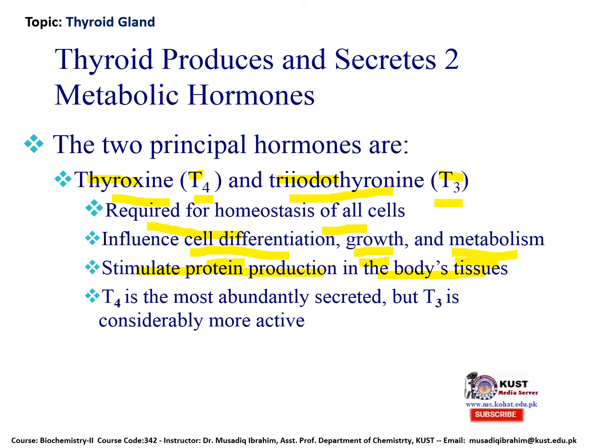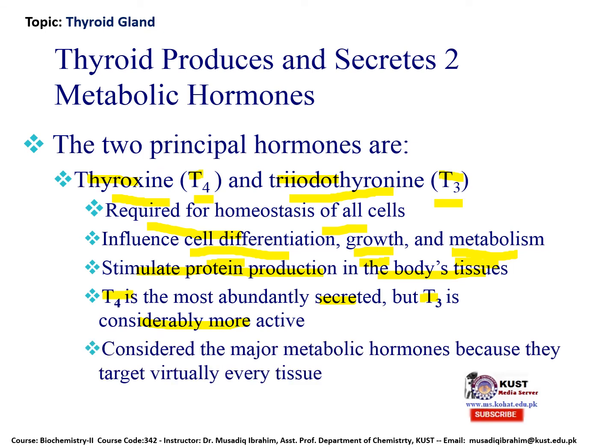And T4 or thyroxine is secreted in large amounts, but T3 or triiodothyronine is more active in comparison to T4. These hormones are considered to be the metabolic hormones because they can access and affect every tissue of the human body.